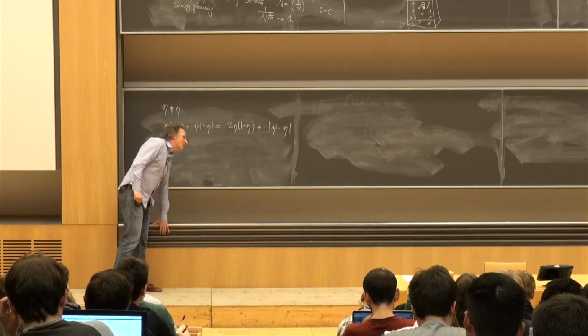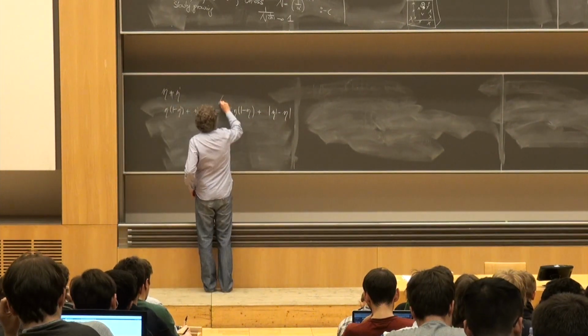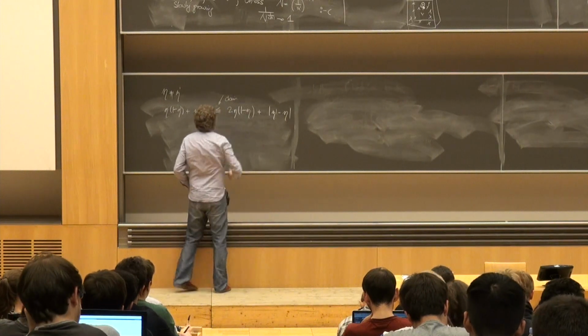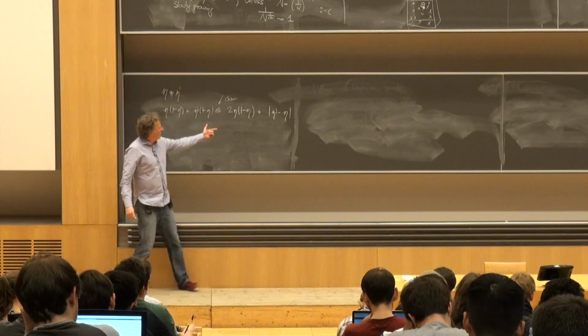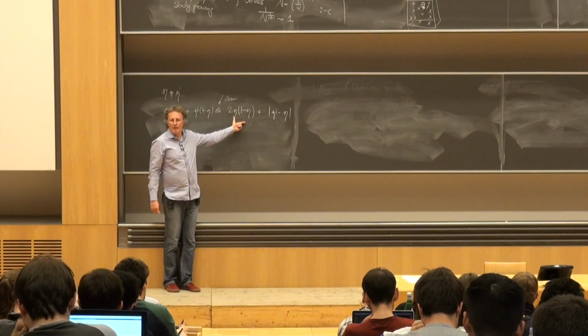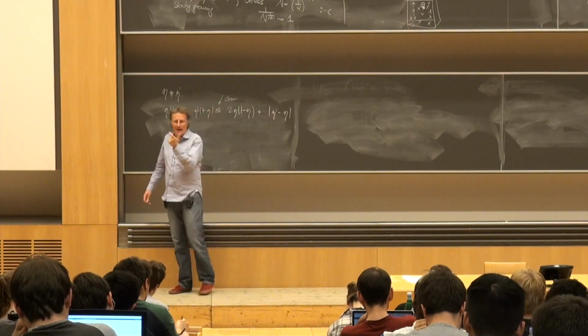Okay, so let's just quickly check that. The claim is that this probability I can bound by the actual probability, at some point that I know, plus how different these two etas are.